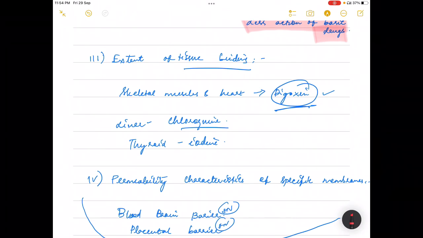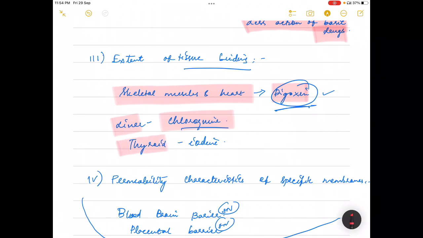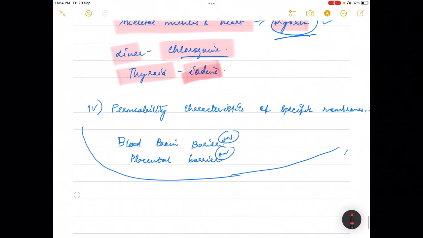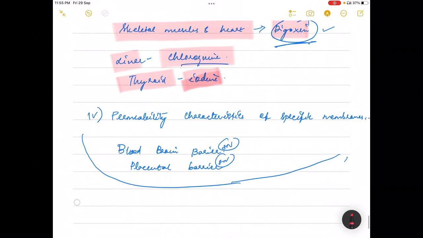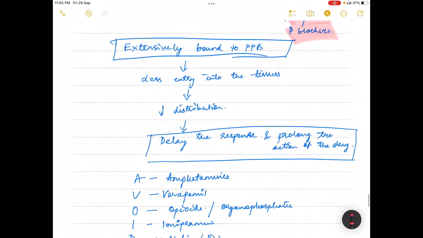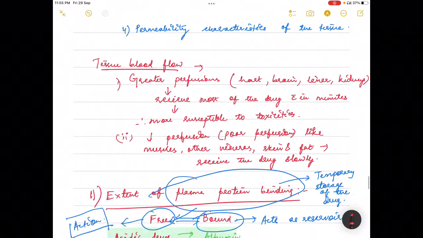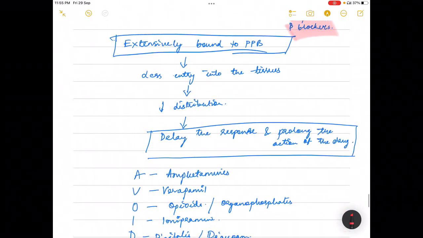Then certain drugs are concentrated more into certain tissues like the skeletal muscles and liver. Digoxin is concentrated in liver. Chloroquine is concentrated in thyroid. Iodine is concentrated. Then the permeability characteristics of the specific membrane also determine the drug distribution. So that's all in drug distribution.